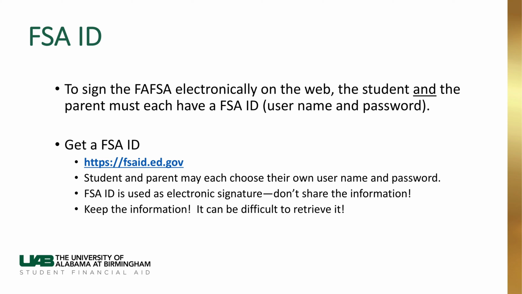You're going to have one FSA ID for yourself, but each of your children are going to have their own, okay? To get the FSA ID, you can do it at the FAFSA website. You can also do it at fsaid.ed.gov, and you have an opportunity to create your own username and password.